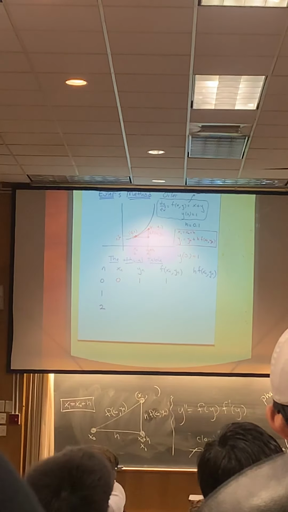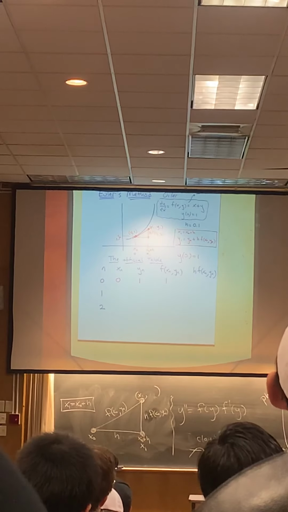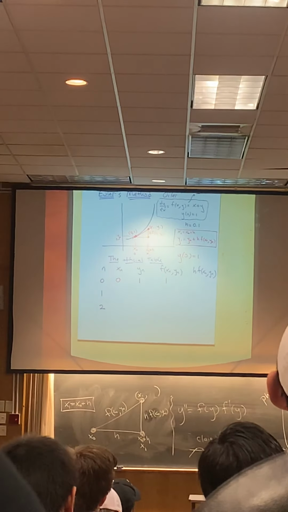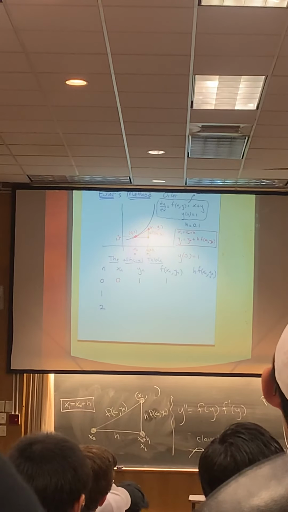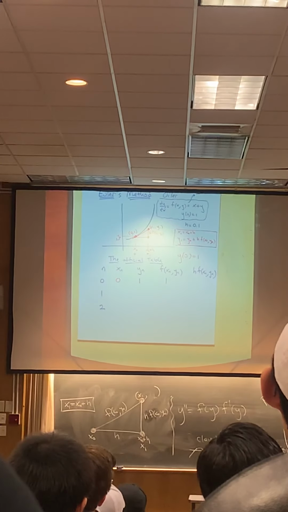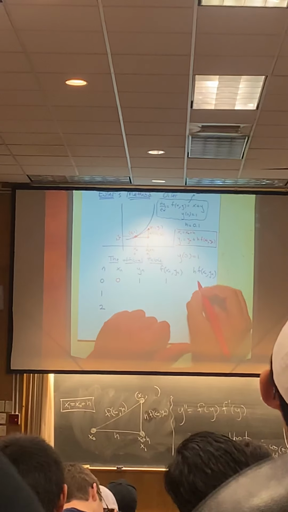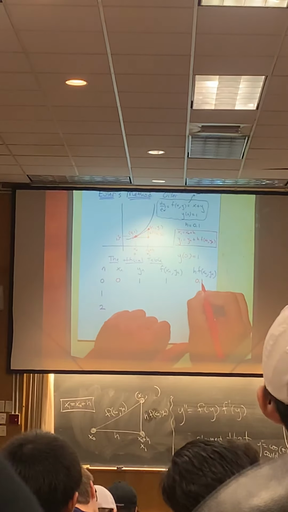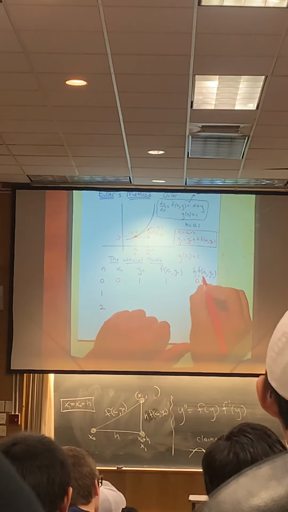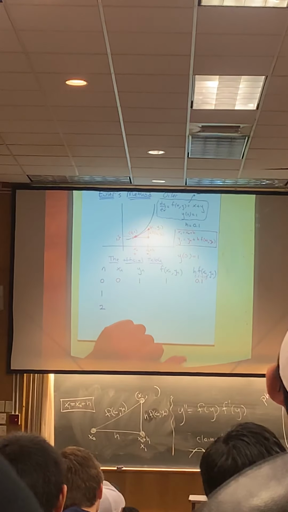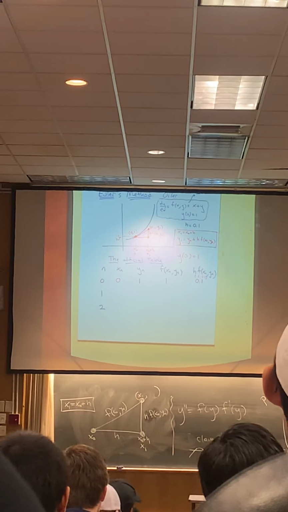And then I'll go and calculate h times f of x naught comma y naught, which is 1 times 0.1, which is 0.1. I got it by doing 0.1 times 1, right?